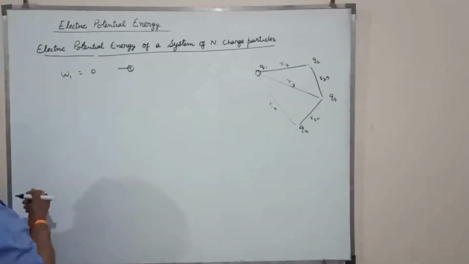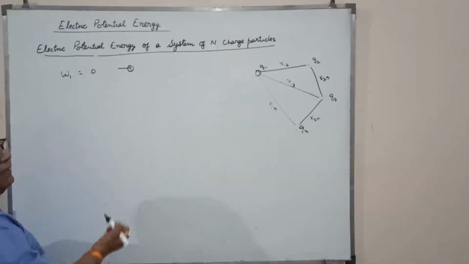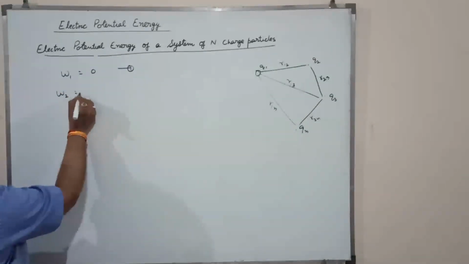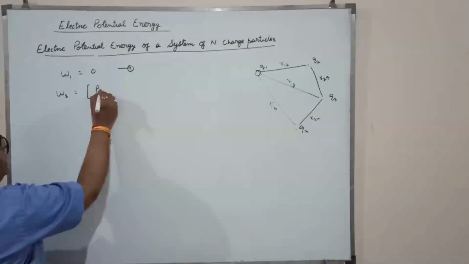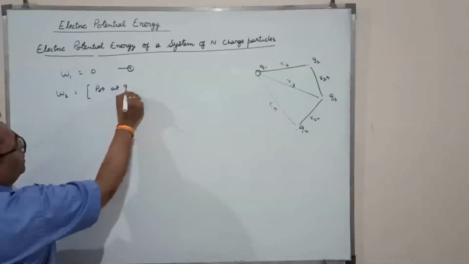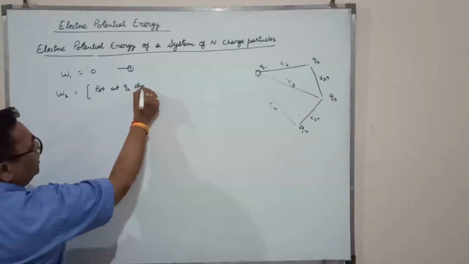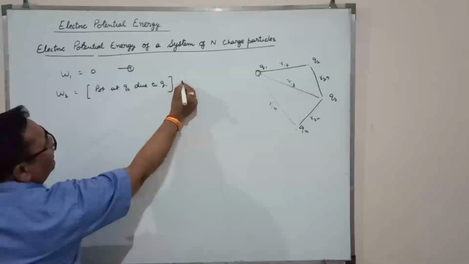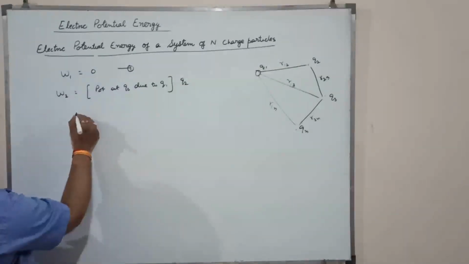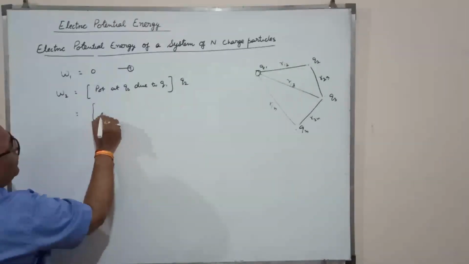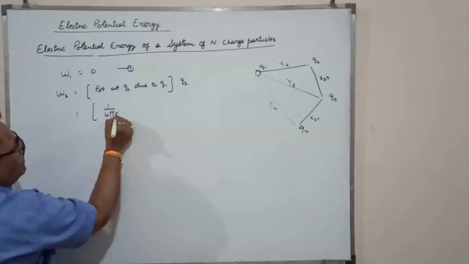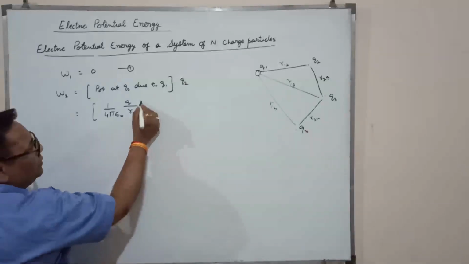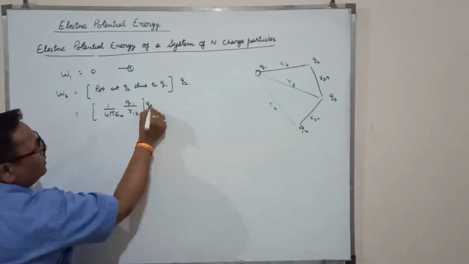Now the work done required to bring the Q2 charged particle to its respective position, that is W2, is equal to the potential at Q2 due to Q1 multiplied by Q2, that is 1 upon 4 pi epsilon 0 Q1 upon R12 multiplied by Q2.